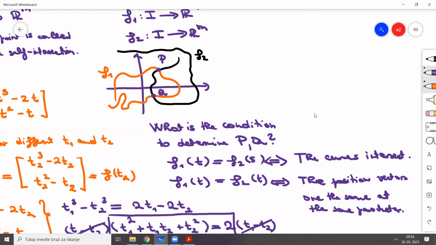So these are two different notions of intersection, depending on what we are interested in. In the first case, T and S don't have to be equal, while in the other, they have to be the same.